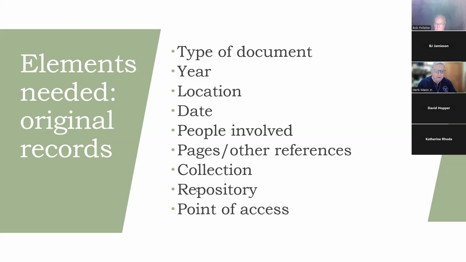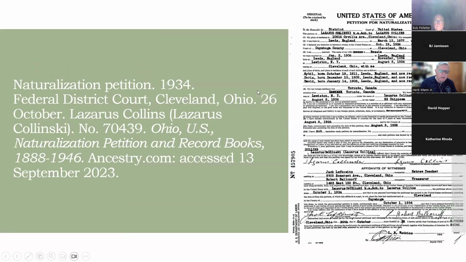And then say the repository would be the library or the archive. And then in this case, point of access. So this would be, say, Ancestry or Family Search. So let's take a look at some of these, just so you can see.